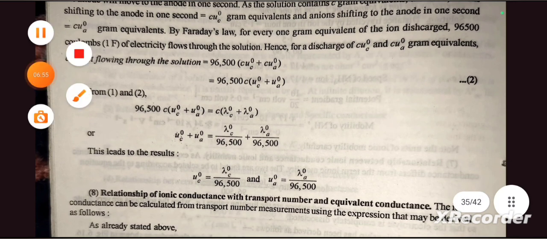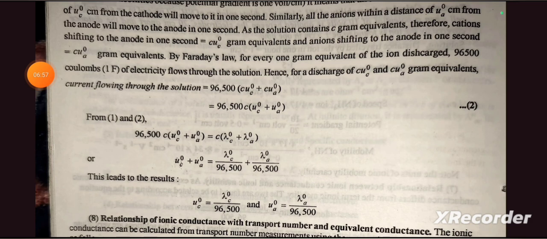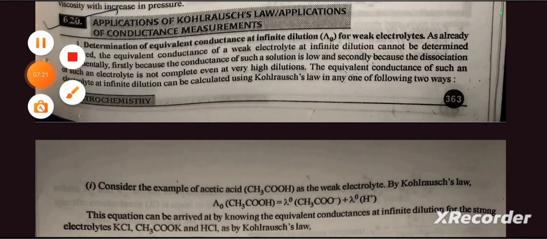So U naught C plus U naught A is equal to lambda naught C divided by 96500 plus lambda naught A divided by 96500. This leads to the result: U naught C is equal to lambda naught C divided by 96500, and U naught A is equal to lambda naught A divided by 96500.